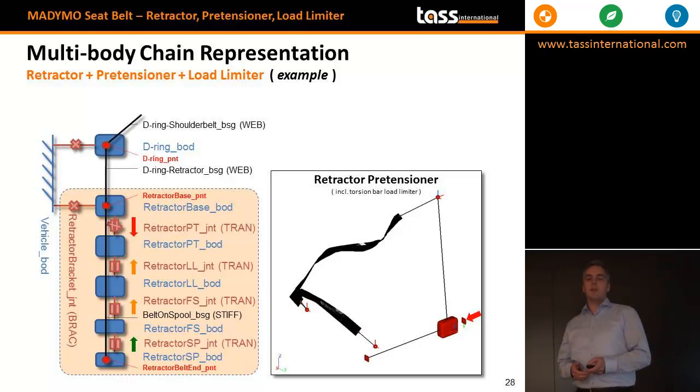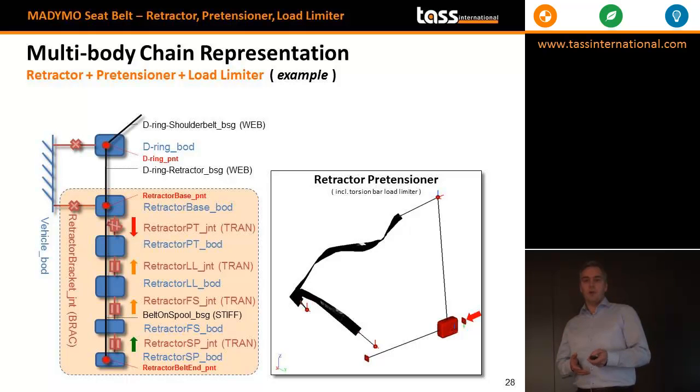For instance, the lower joint on the plot shows the retractor spool joint, which is then initially unlocked and can give way so that the belt segment can be shortened, basically meaning that there's belt payout.